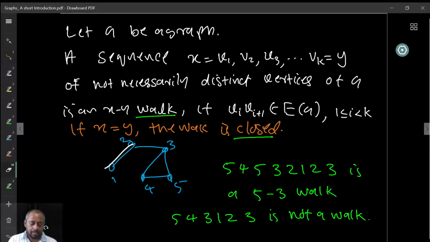If you start from, let's say, 5, then go to 4, then go to 3, then go to 5, coming back. So this is a closed walk. Similarly, I can go from 5 to 3, then come back to 5. This is also a closed walk, 5, 3, 5. So this way you can think about many walks.